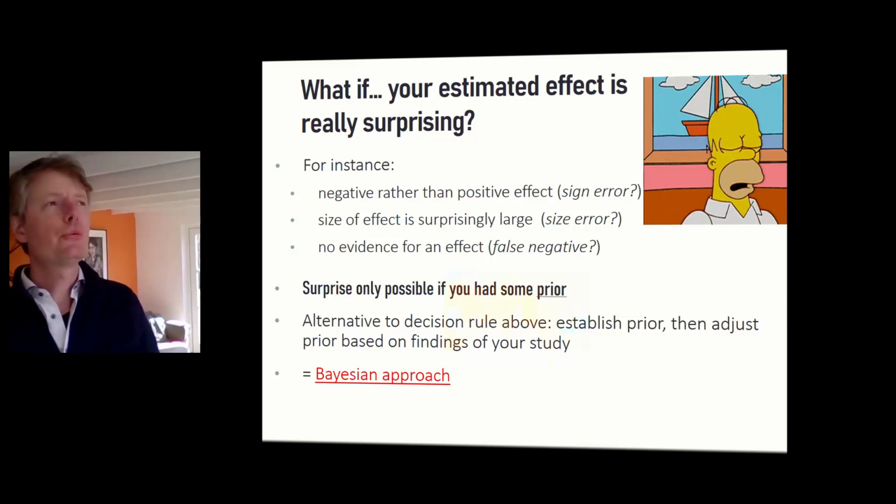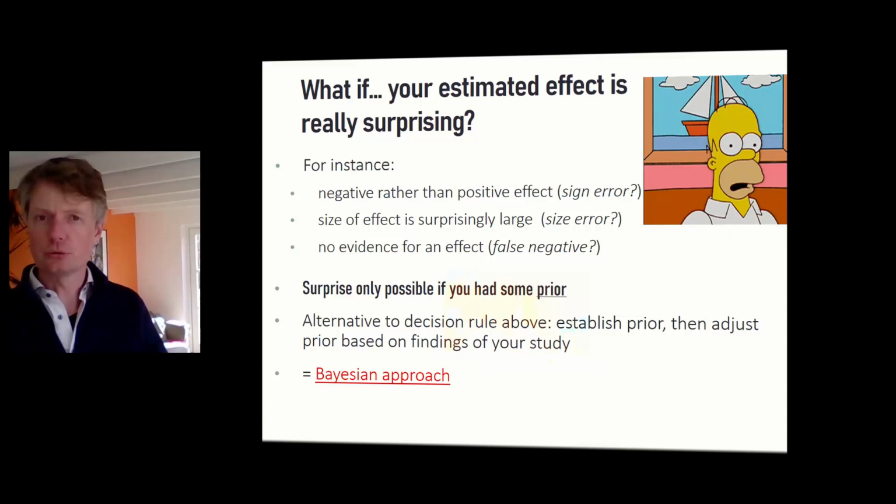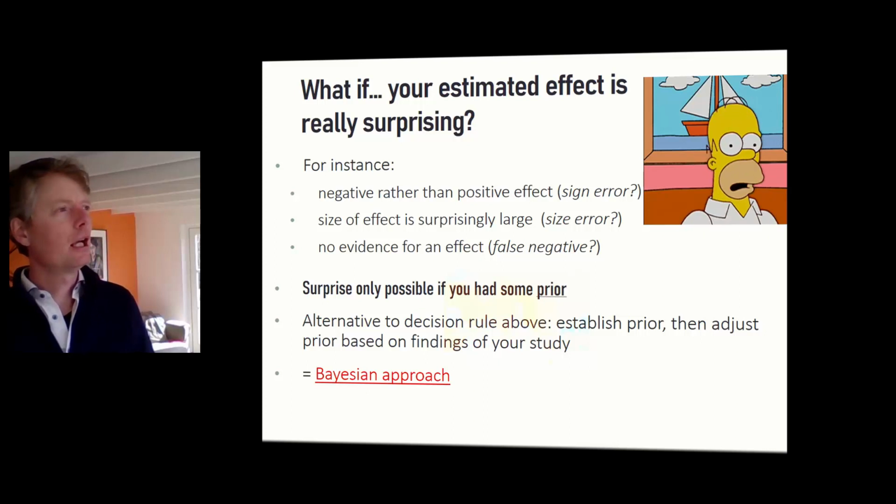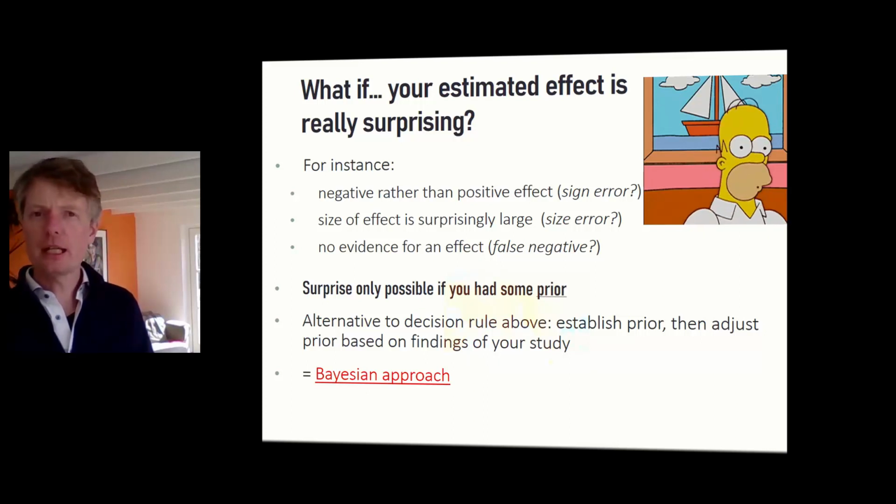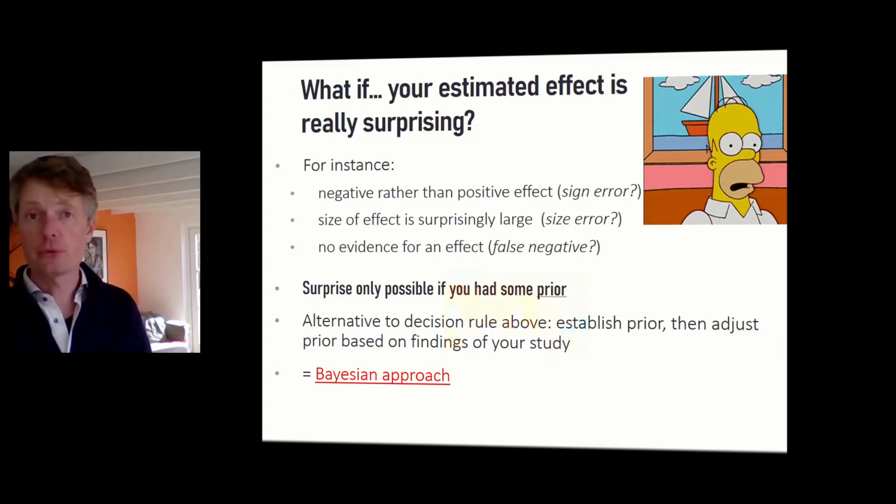Secondly, you find a surprisingly large effect. Maybe there's an error in terms of magnitude, right? Or you find a p-value of 0.70 and you're like, how can this be? I thought I had a pretty accurate design of the study, and still I do not find an effect. Maybe this is a false negative, right?